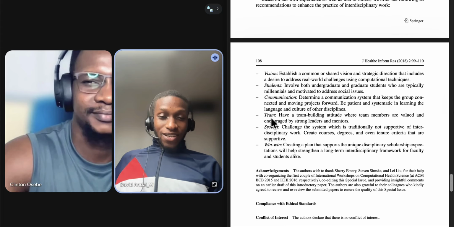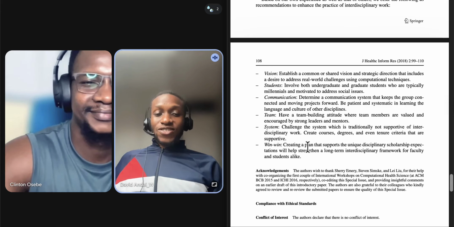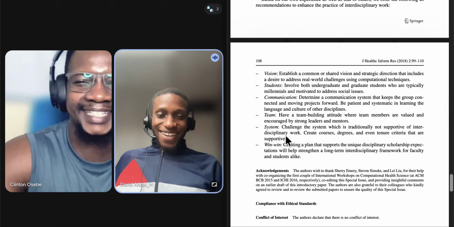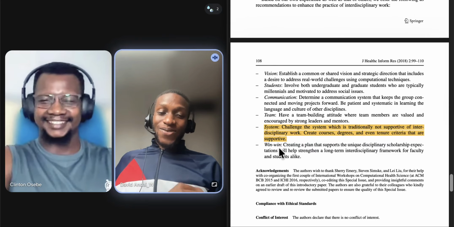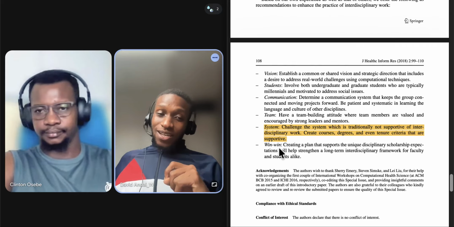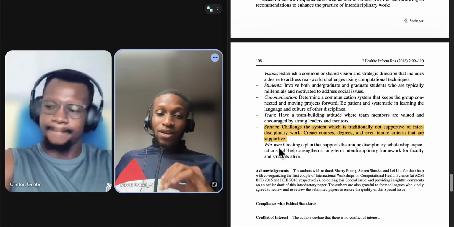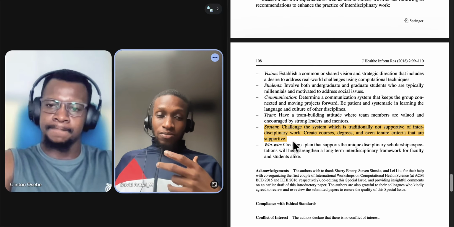For example, here I'm reading the systems part. They are saying, challenge the system, which is traditionally not supportive of interdisciplinary work. Create courses, degrees, and even tenure career that are supportive. Then it goes to say win-win. Create a plan that supports the unique disciplinary scholarship expectations, will help strengthen a long-term interdisciplinary framework for faculty and students alike.